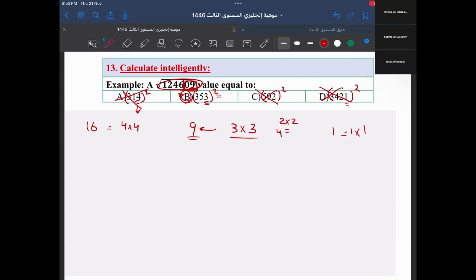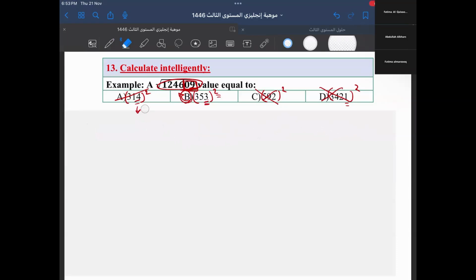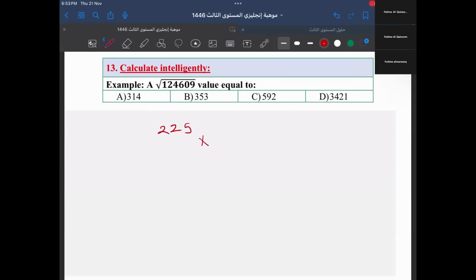Okay, guys? Yeah. Miss, I have a question. Yes, Fatima. Miss, for example, if this question came in during the Mawhiba test, is this method reliable? Yes, of course. At the end, it's multiplication. If you have a big number, for example, 225 multiplied by 25, what are you going to do? Simply multiply, right?